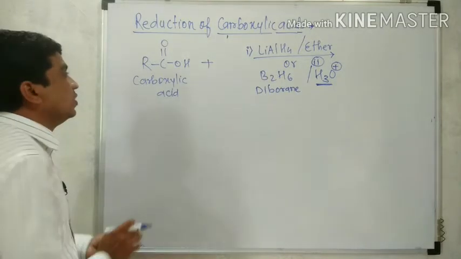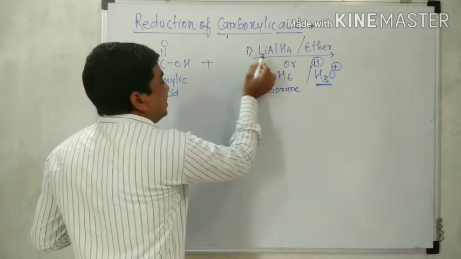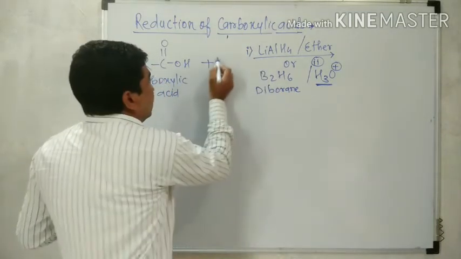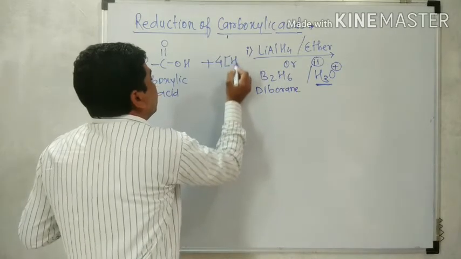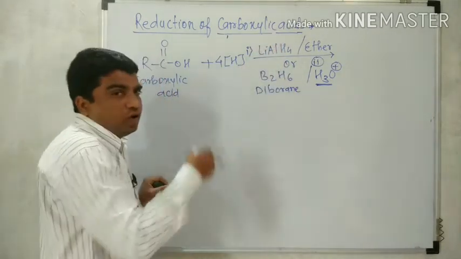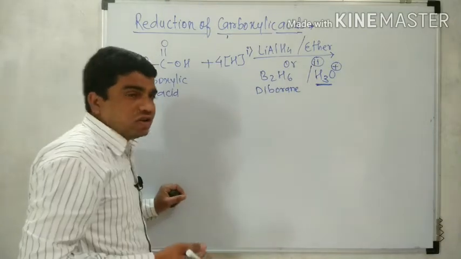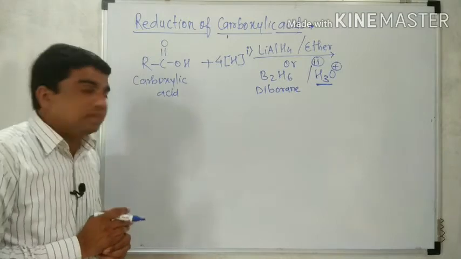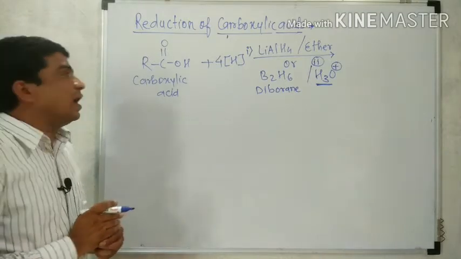Each and every reducing agent produces nascent hydrogen. Here 4 hydrogen atoms are produced by this reducing agent, either LiAlH4 or B2H6. Both are strong reducing agents. So in this reaction, 4 hydrogen atoms are added to the carboxylic acid.